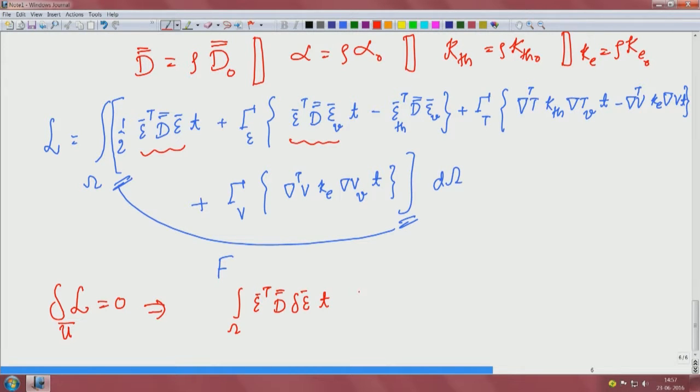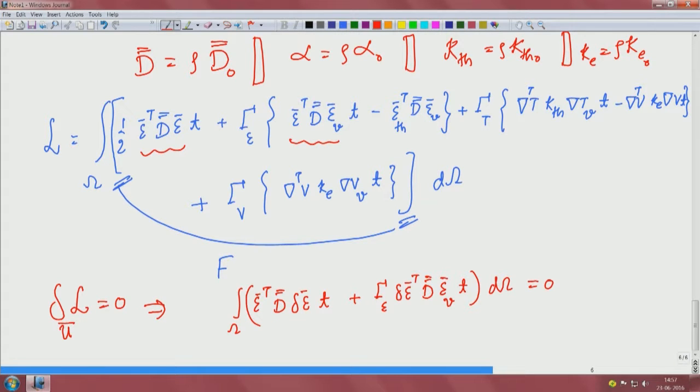So, that will give us plus gamma epsilon del epsilon V d epsilon V T, and where else? I guess that is all epsilon is, and then there is epsilon thermal, but that will involve temperature, so there is no u or epsilon. So, these things are there, this over the domain will be equal to 0. That is the adjoint equation.